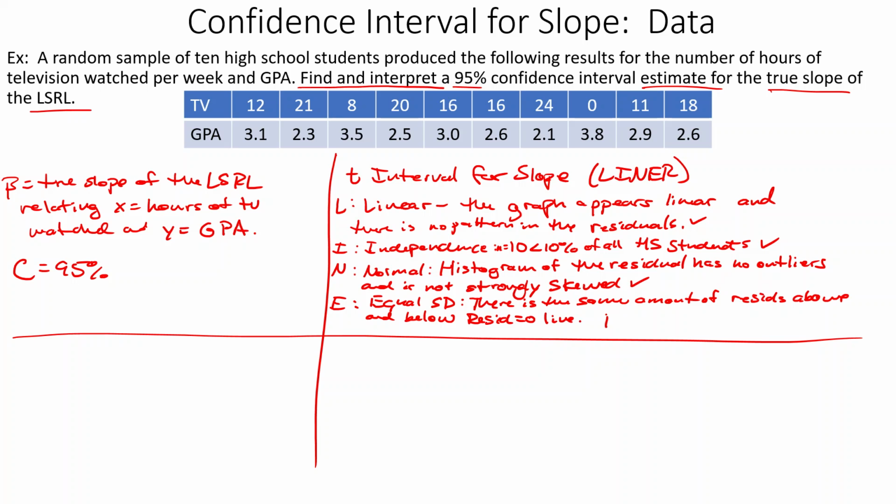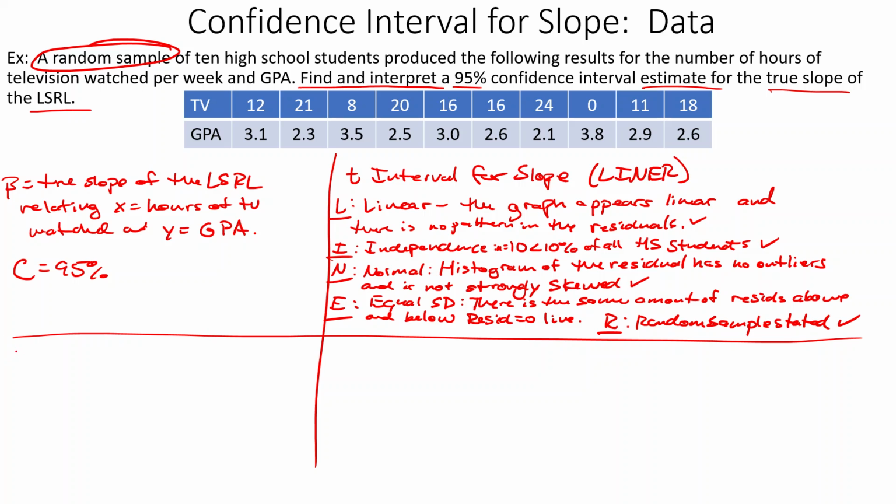And I don't have much room here, but R is we did have random sample. Random sample stated. Whew, a lot of stuff happening there. So that was the L, I, N, E, and R liner.